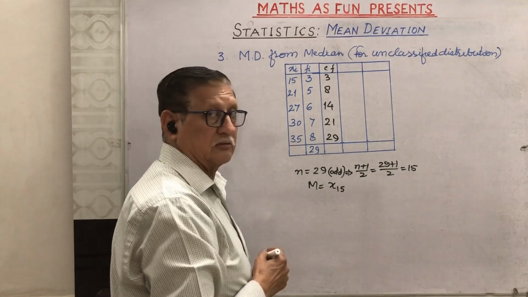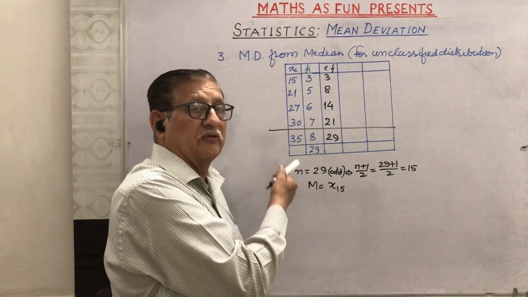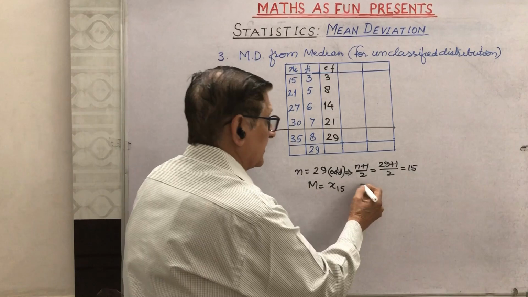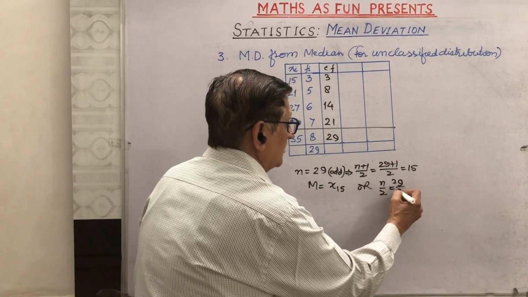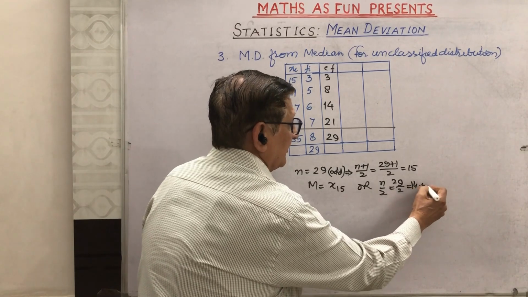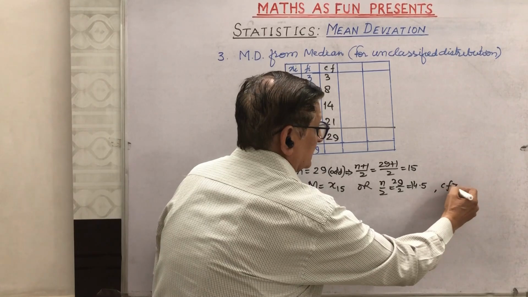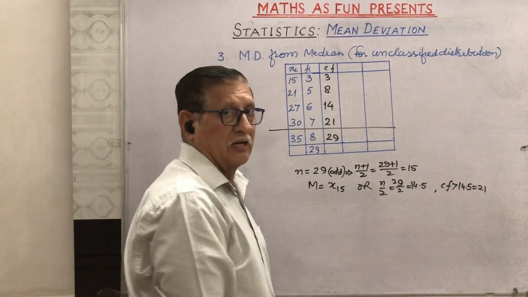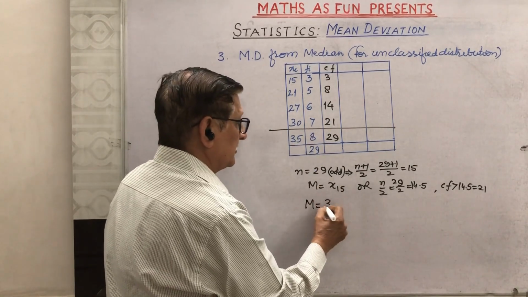This is the median. Or otherwise, we see the cumulative frequency which is just greater than n by 2. In case we find n by 2, that will be 29 by 2 or 14.5. And the cumulative frequency greater than 14.5 is 21. And hence we find that the median here is 30.